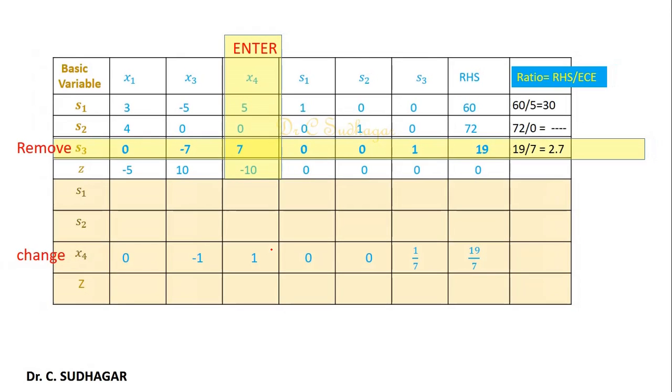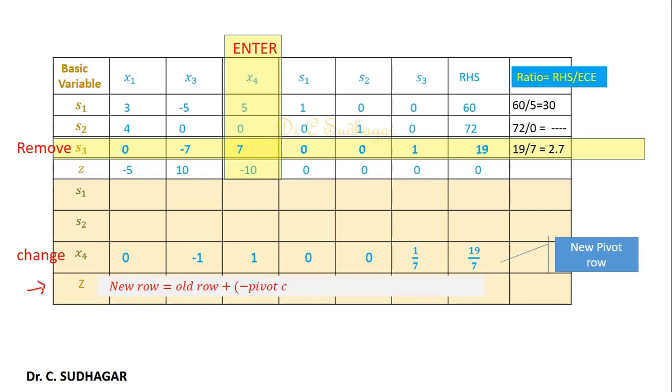Now let us take the Z row, the last row. Any order we can do it, it doesn't matter. So I am taking Z now. For this row I am going to use a new formula: new row equals old row plus or minus the pivot column element times the new pivot row.